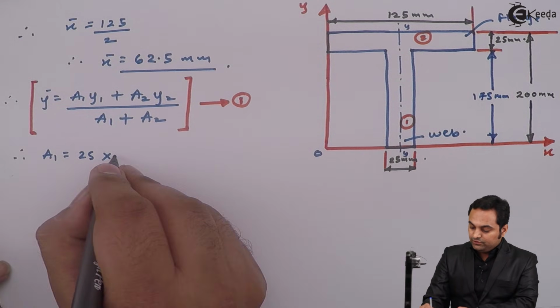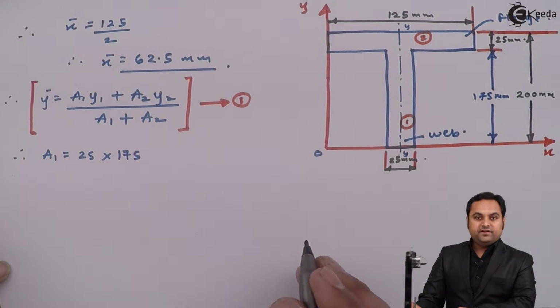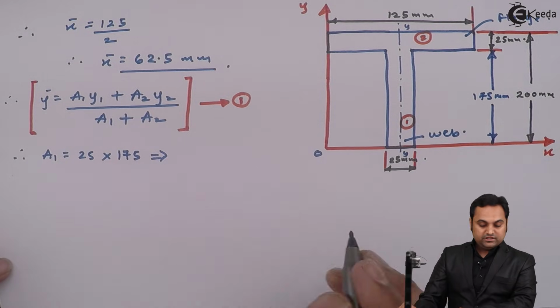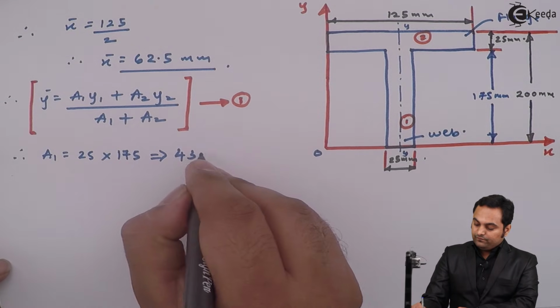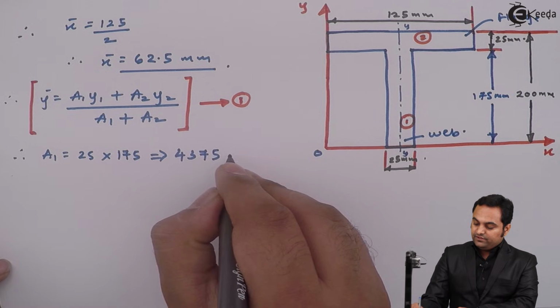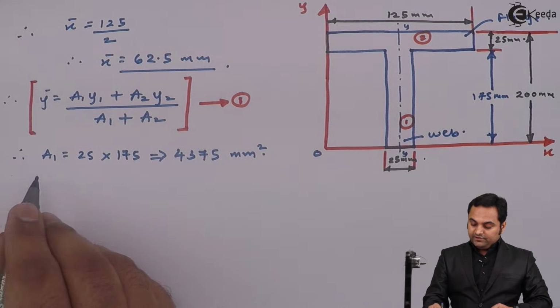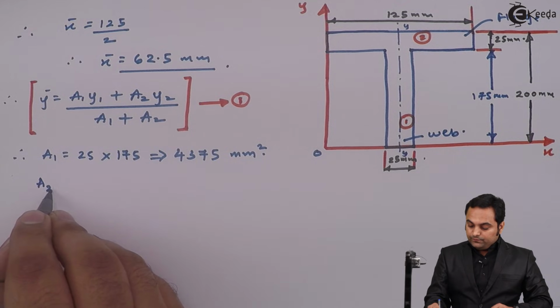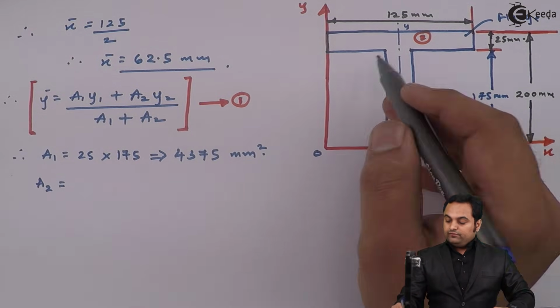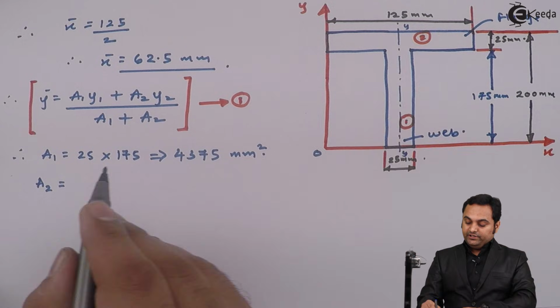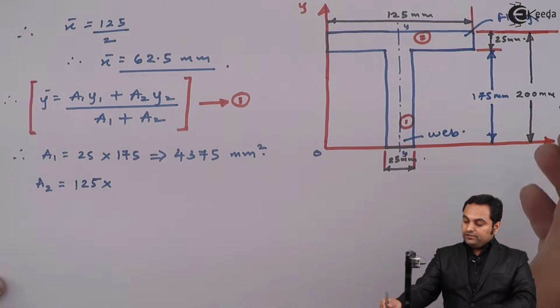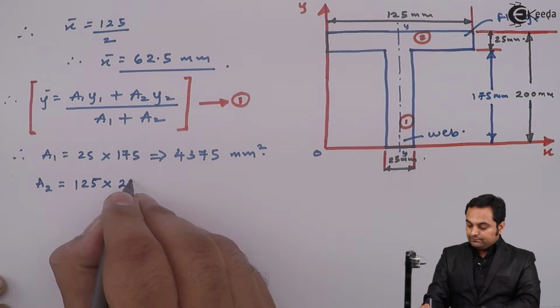So 25 into 175. So area 1 comes out to be 4375 mm square. Now, after getting area 1, area 2, for this second section the width is 125, depth is 25.